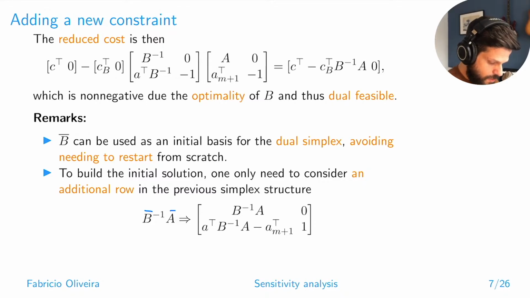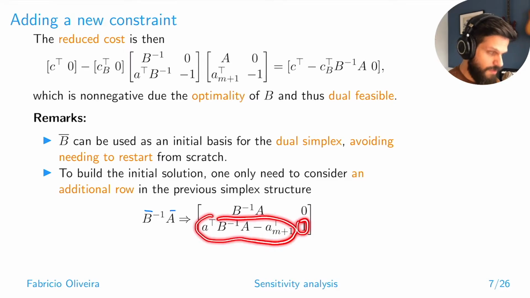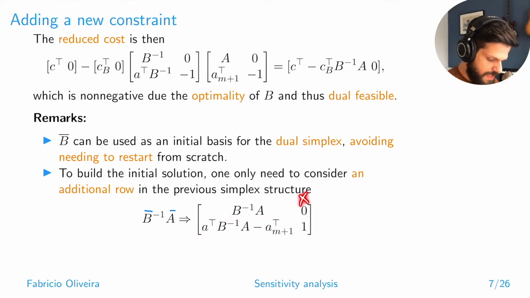It's basically the original tableau, and then I'm adding this column with zeros, and then I'm adding this new row to my tableau with a coefficient 1 for the column of, well, this is the slack m plus 1 that I added, and this is its column. Okay, so you can immediately change the tableau as well to carry on and do a dual simplex iteration.